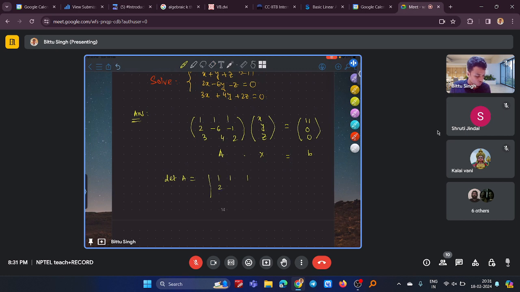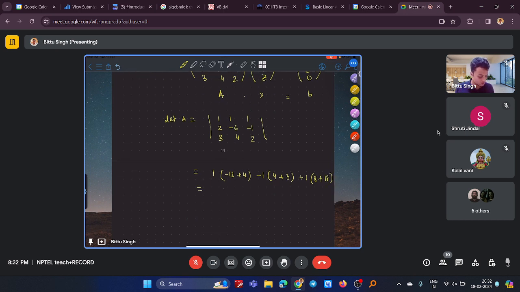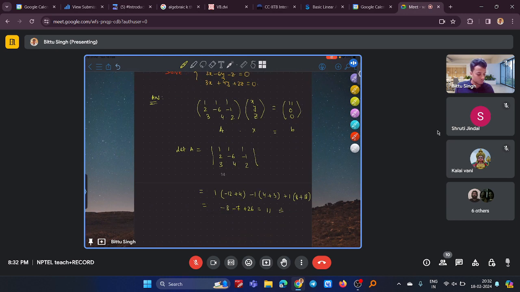Determinant is 1 times minus 12 plus 4, minus 1 times 4 plus 3, plus 1 times 8 plus 18, which is the same as minus 8 minus 7 plus 26. So the determinant is non-zero.